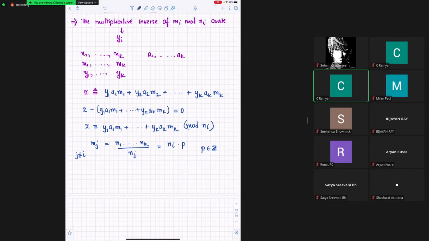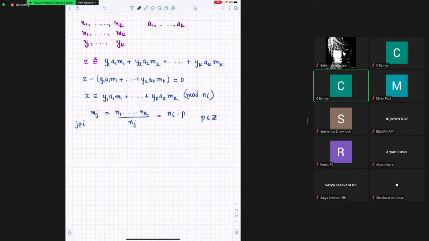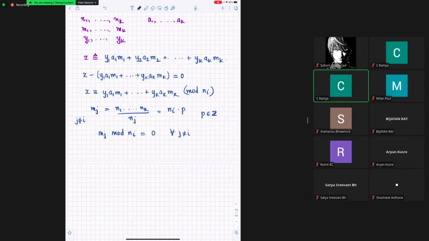So this means that mj mod ni is equal to 0, because mj is a multiple of ni, for all j not equal to i. So if I look at the congruence x, this term here, if I go modulo ni, everything will vanish except the term yi, ai, mi. Only that will survive.